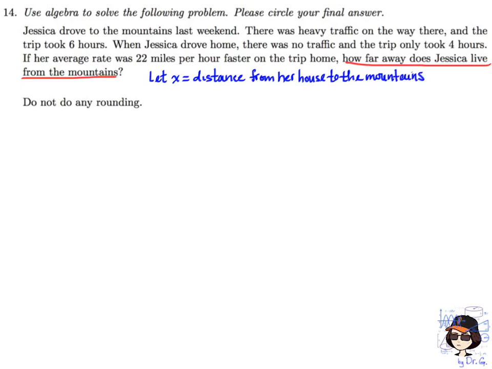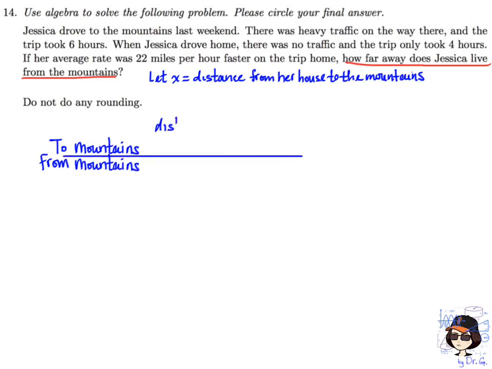All right, and so now in order to come up with an equation, we're going to have to organize the information. So we've got 2 trips. We've got to and from the mountains. So those are going to be my 2 rows in my table, to the mountains and from the mountains. The columns are always distance, rate, and time. It doesn't matter which order.